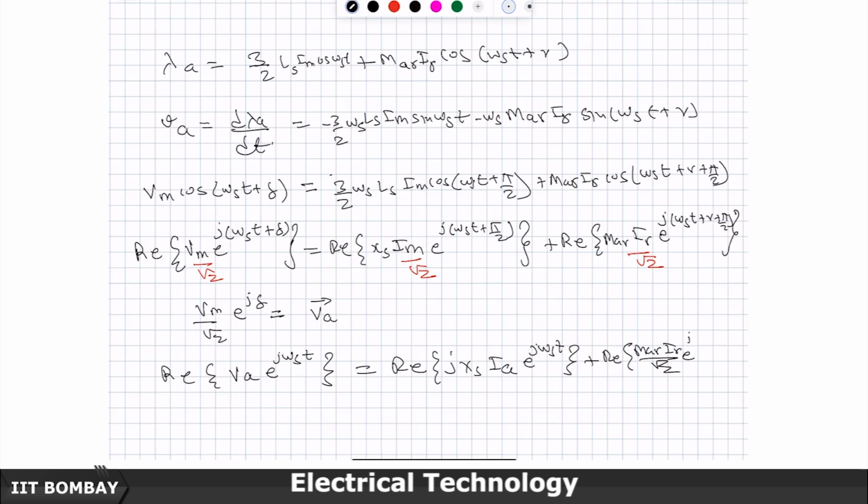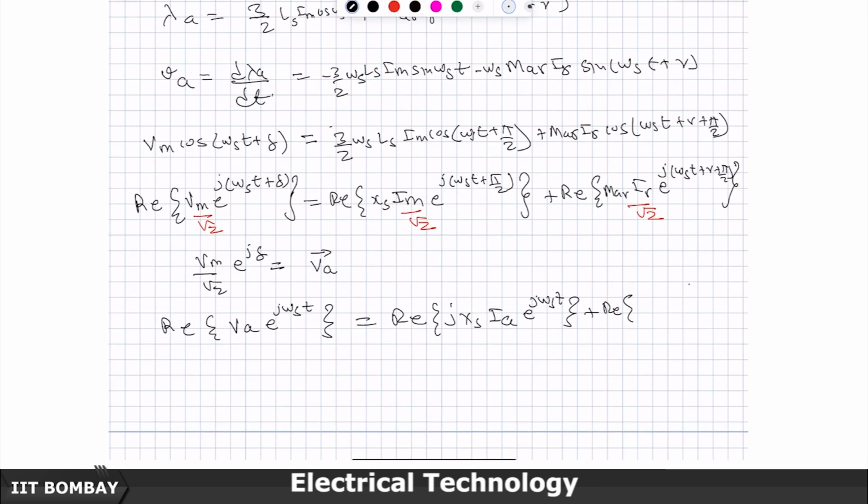Let me do this first outside for the third term. Let me write MAR IR by root 2 e to the power j gamma plus pi by 2 as another complex number, which also indicates a phasor, called E. E is the open circuit voltage seen at the terminals.